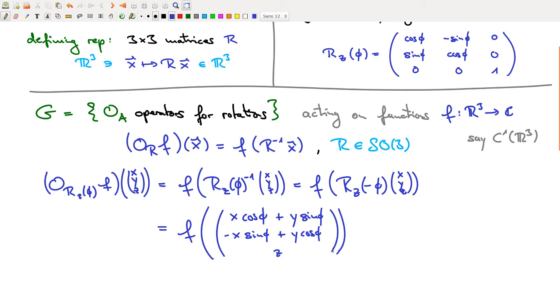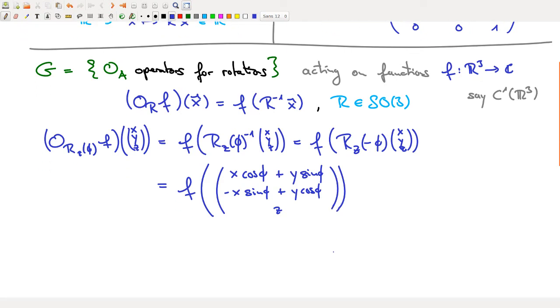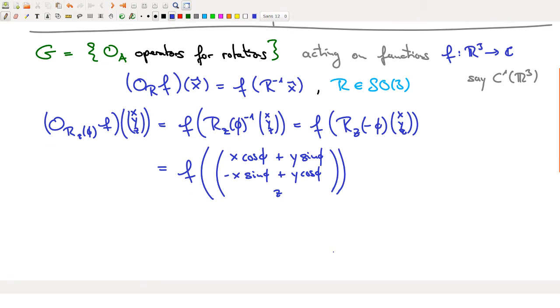And now if we are interested in a generator, if we want to go from the group to the Lie algebra, we would look at this object here. We would say minus i d/dphi of our group element, Rz of phi.